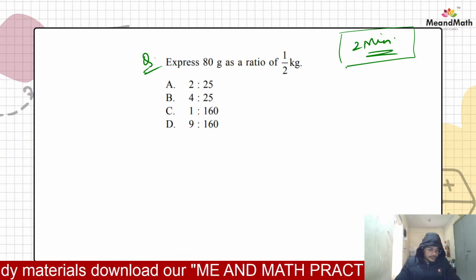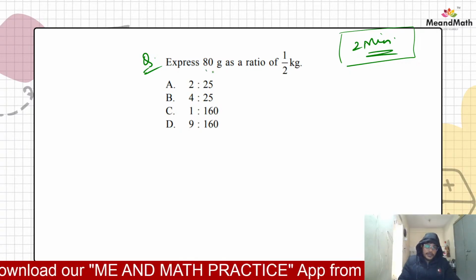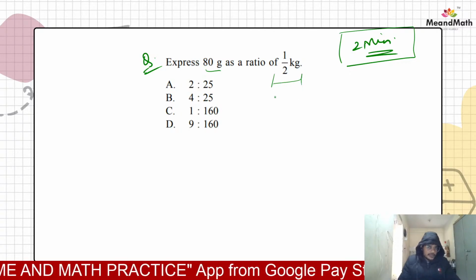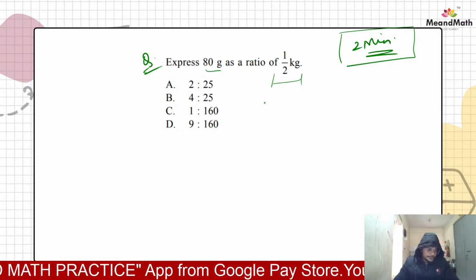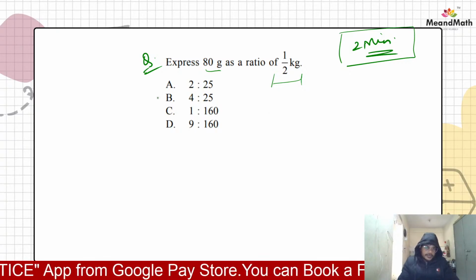Okay, so you have to find out the ratio of 80 gram and 1/2 kg.